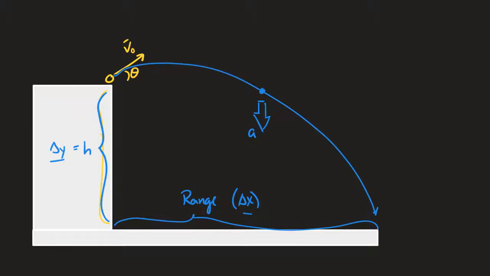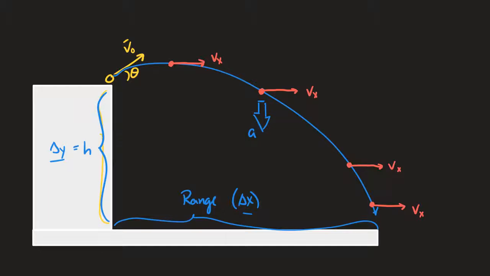Now, for those of you who do remember this from last year, once the object is launched, no matter where we look at it, the object's horizontal velocity will remain unchanged. Because unless there is a horizontal acceleration, the horizontal velocity has no component of acceleration to change it.